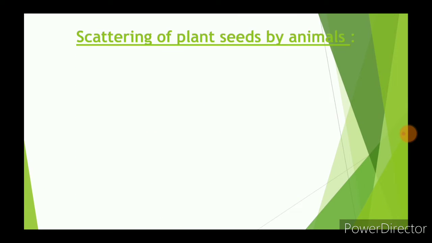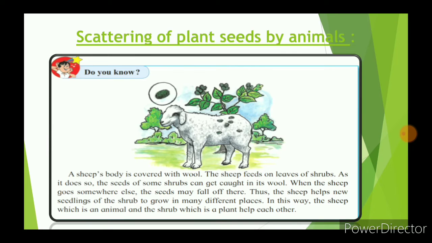Now, on page number 5, you will read the section, Do you know? Do you know? A sheep's body is covered with wool. The sheep feeds on leaves of shrubs. As it does so, the seeds of some shrubs can get caught in its wool.